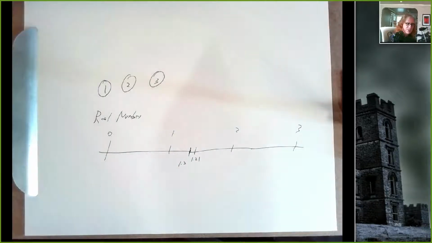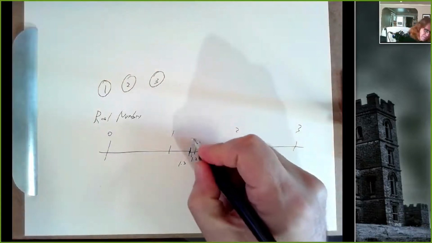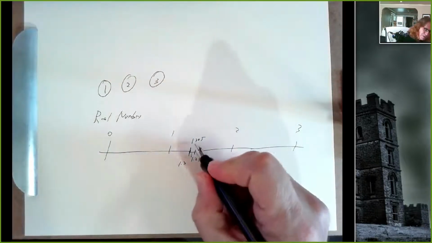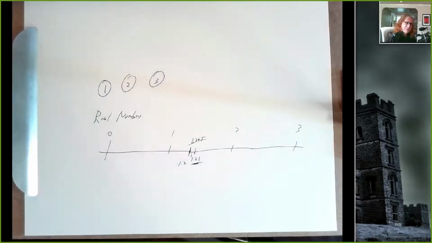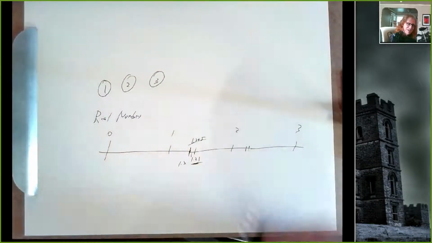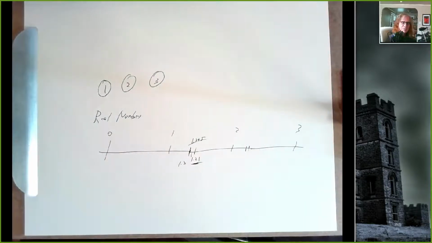Is there a number in between those? Yes, 1.205. Is there a number between 1.205 and 1.21? Yeah. Any two numbers that I pick on this line, there's always another number in between them.